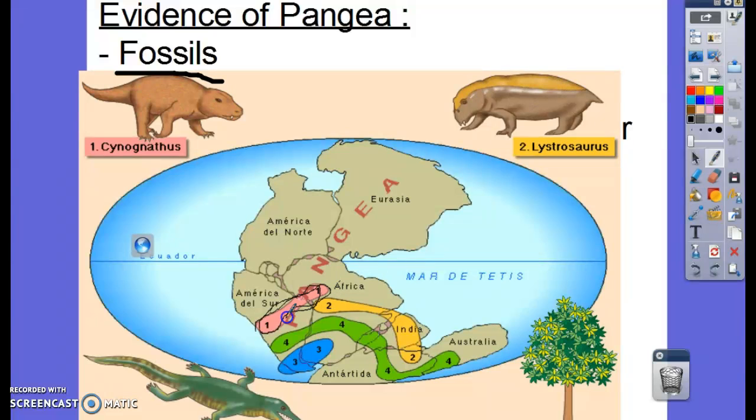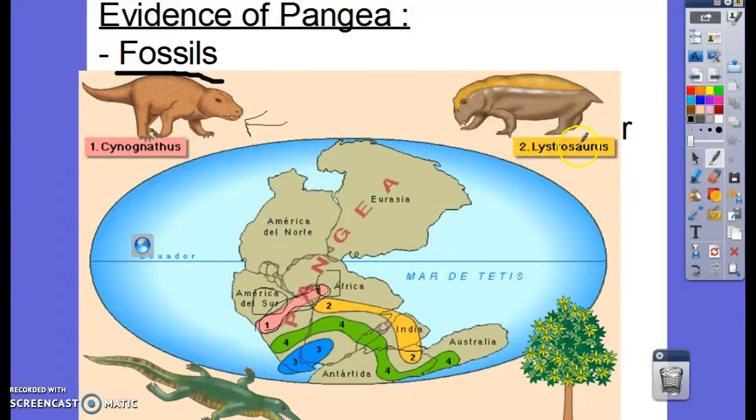And notice if we line up South America and Africa, the fossils are found in a similar area, right? So scientists found these fossils and they were like, hey, these are in Africa and they're also in South America. How the heck did they get there? This guy can't swim. Does he look like a swimmer to you? Nope. So how did they get there? And they said, well, maybe the continents had to be together at one point.